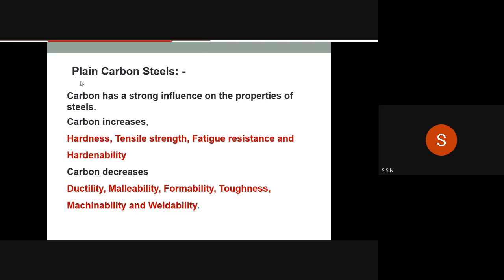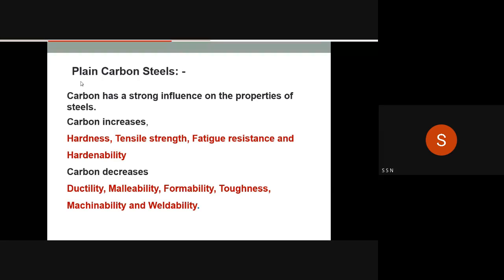All these properties improve if you increase the carbon percentage. But there is a reduction in ductility, malleability, formability, toughness, machinability, and weldability. All these properties decrease as the carbon percentage increases.